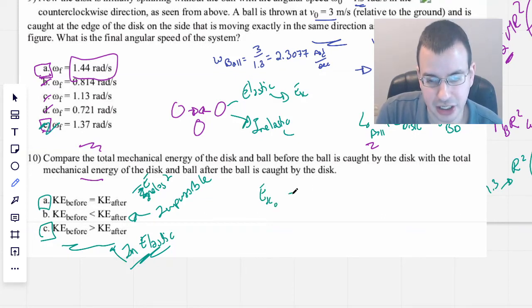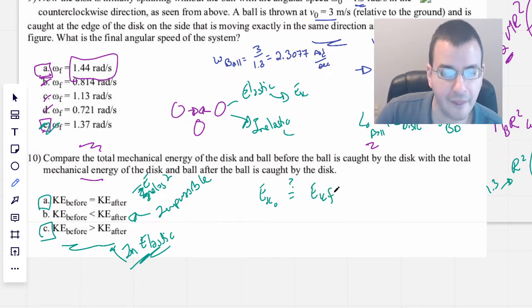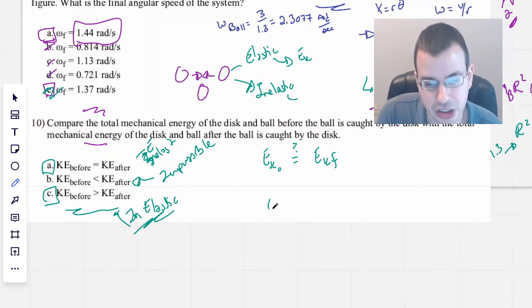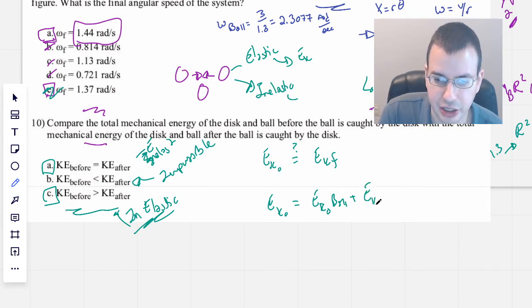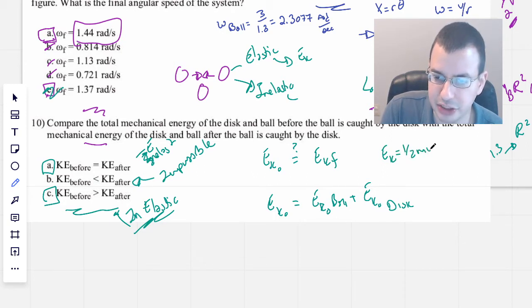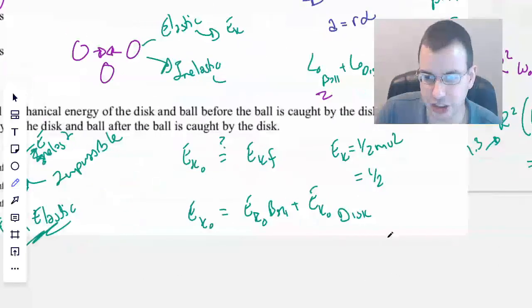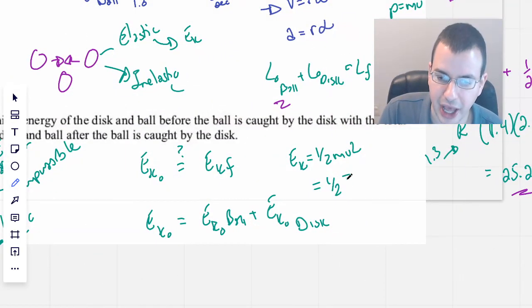So we have energy kinetic initial, energy kinetic final. And so energy kinetic initial would be energy kinetic initial from the ball plus energy kinetic initial of the disk. And the kinetic energy equation is 1/2 mv squared, which has the analogous 1/2 I omega squared for rotational.